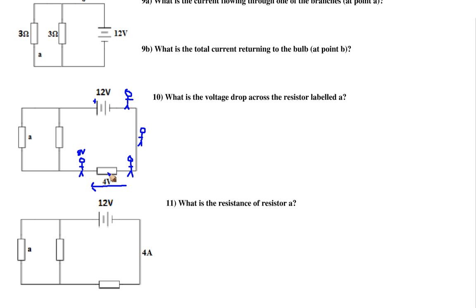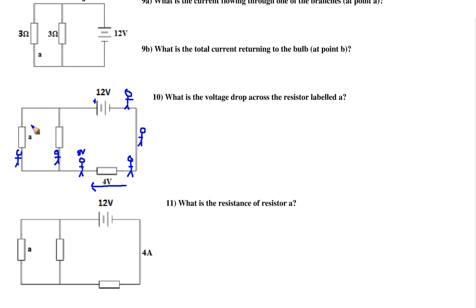Once you'd gone through this one, your bag would still have 8 volts worth of energy in it. So what happens? Some of them are then going to go this way, and some are going to go off this way. It doesn't matter which way you go, assuming these resistors are all the same. You'd have to assume these resistors are all the same, but when you split, at least these two are the same.